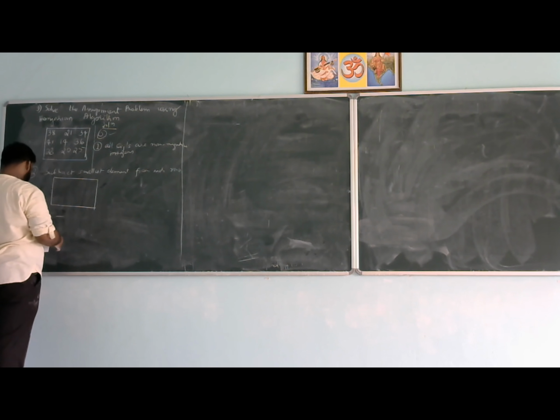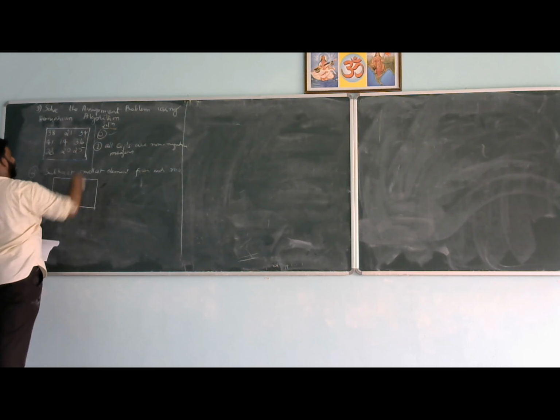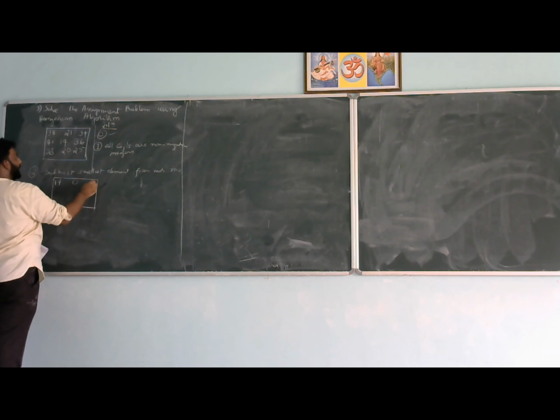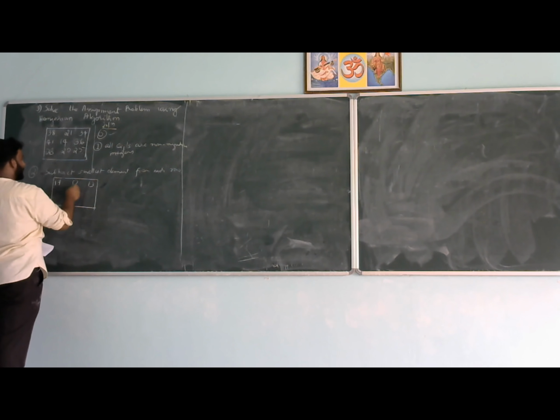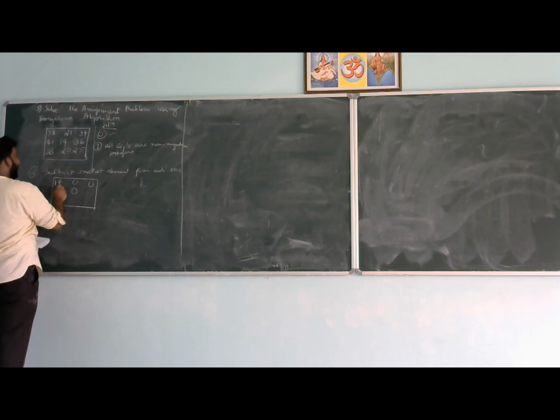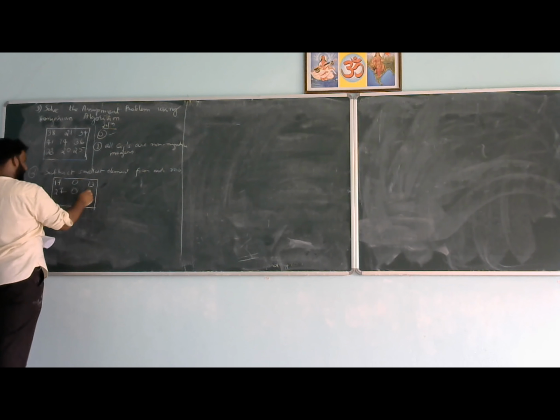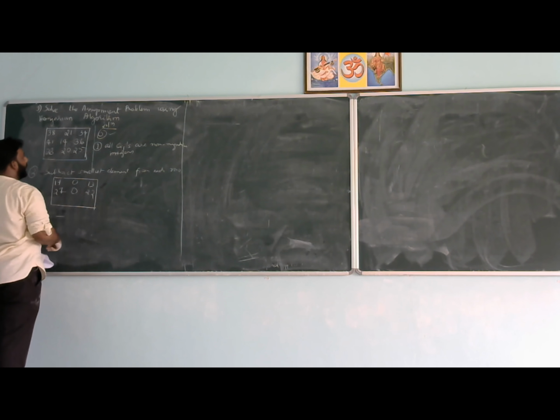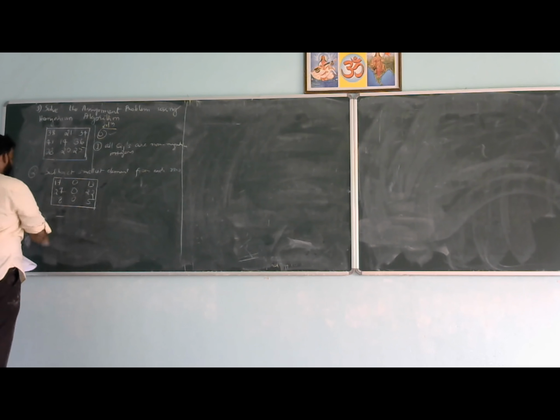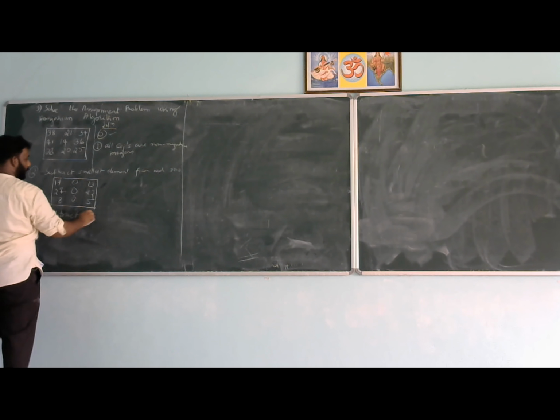So if we subtract 21 from that row, we get 17, 0, 13, and here 14, 0, 7, and 22. Now 20 is the smallest element in this particular row, so you get 8, 5.